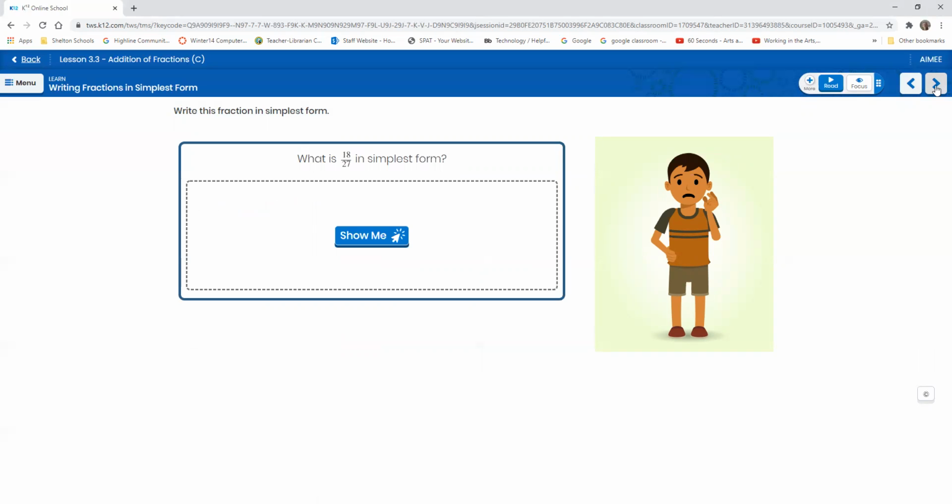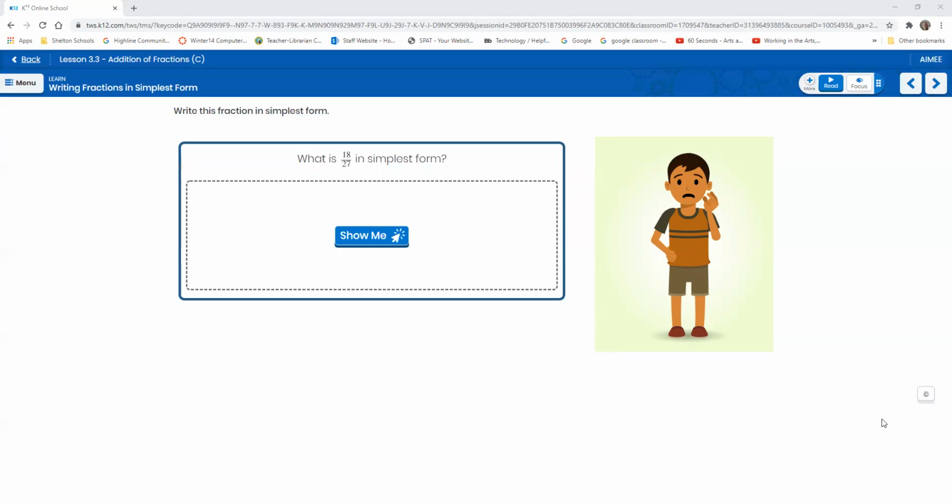I'm going to try 3. So I'm going to pull up my calculator, and I'm going to divide 18 by 3, and that's going to give me 6. And then I'm going to divide 27, the bottom number, by 3, and that's going to give me 9.